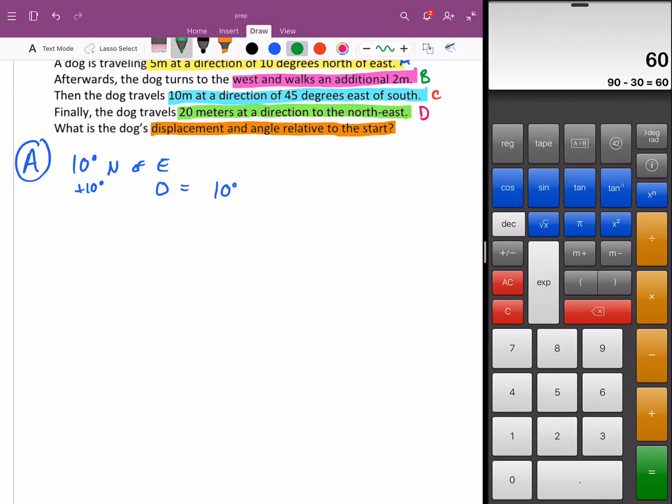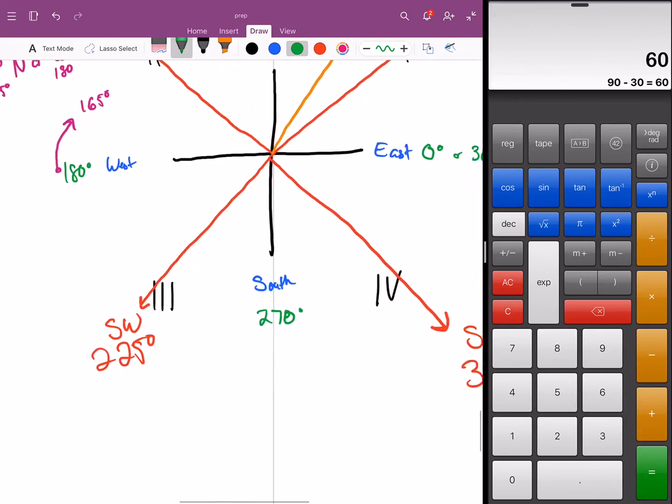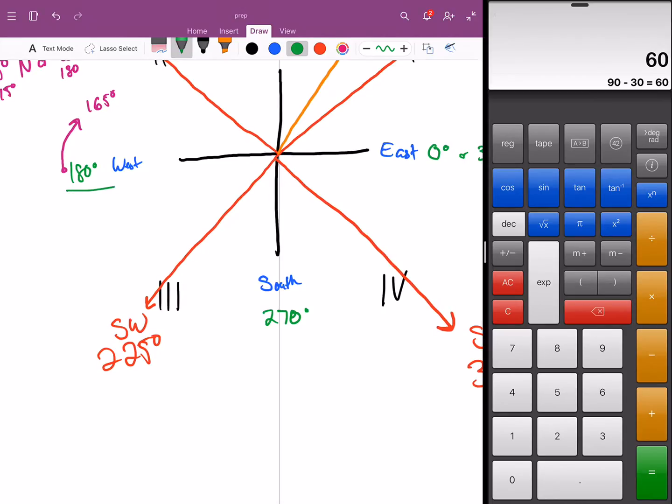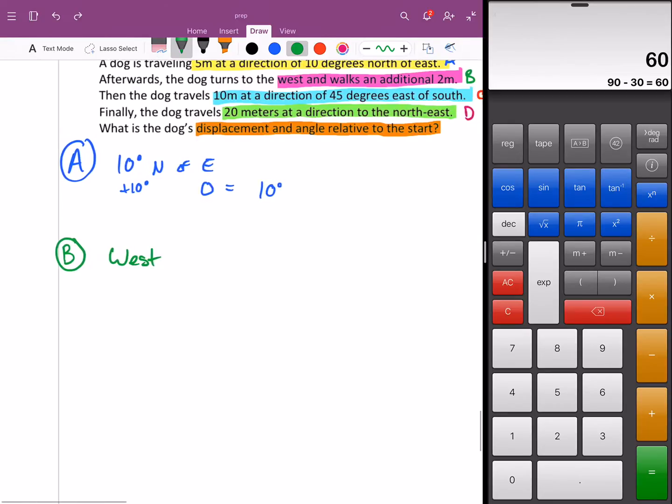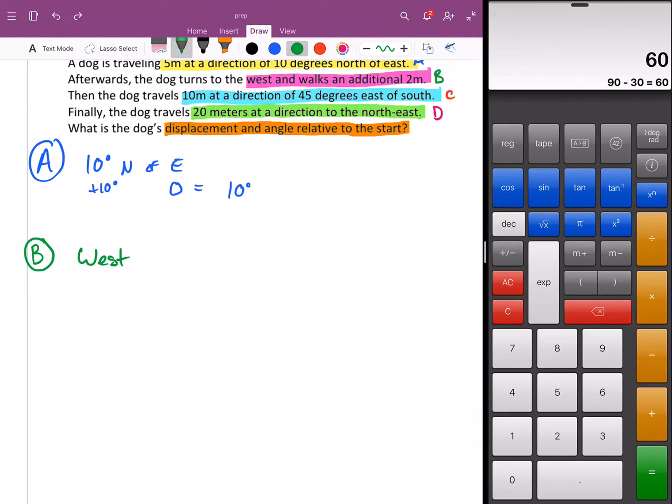Now for B. B is telling us to the west. If you recall on the compass, west is 180 degrees. So B is 180.